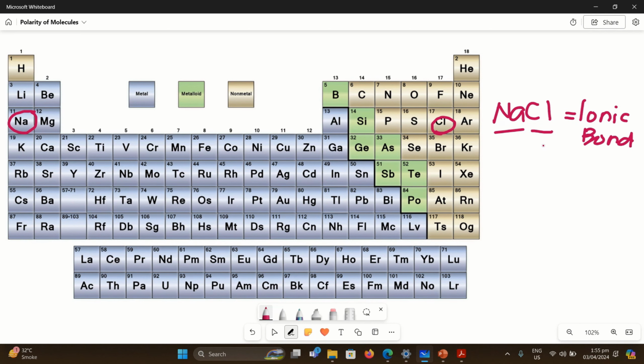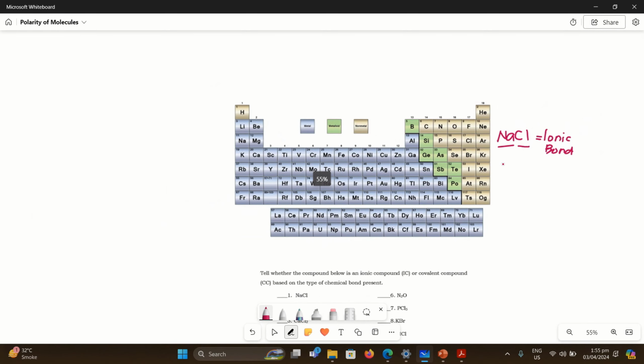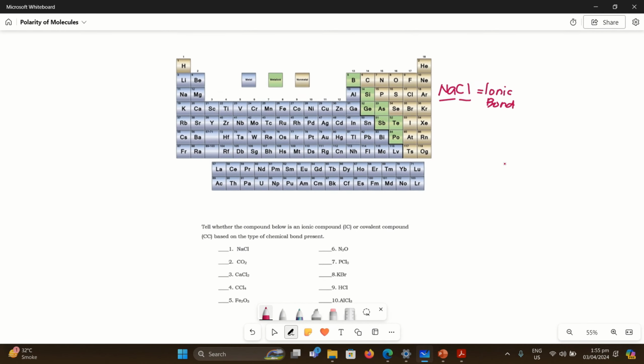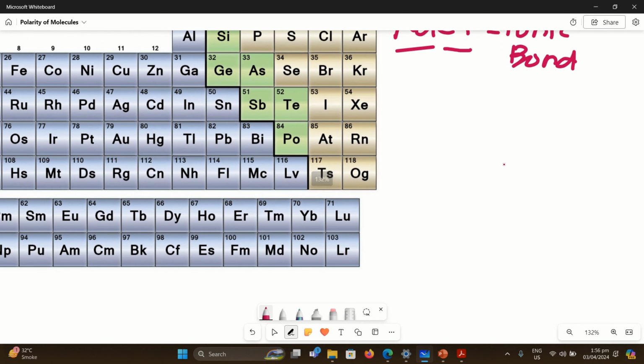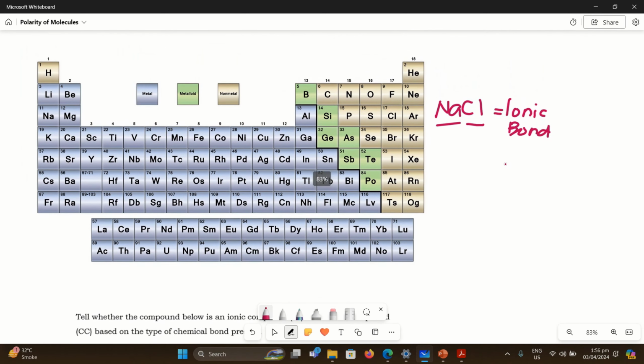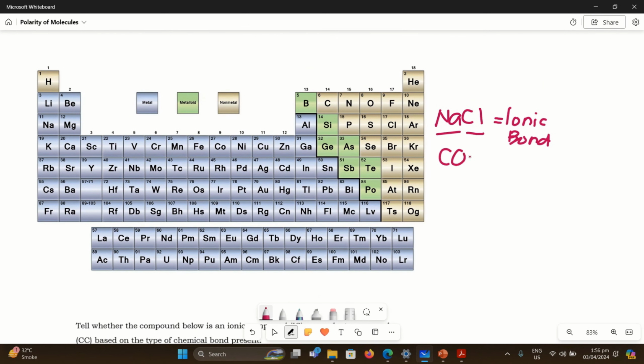So that is very easy, right? Then another example, number 2 there, we have carbon dioxide. Carbon, we have here that is non-metal, and we have oxygen that is non-metal. So non-metal plus non-metal is covalent bond.